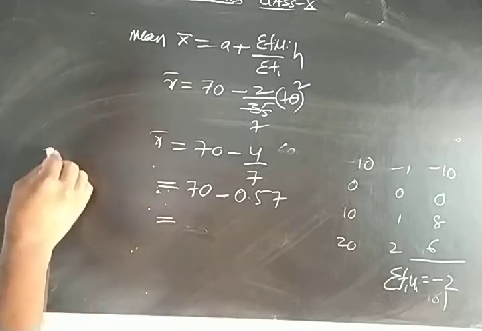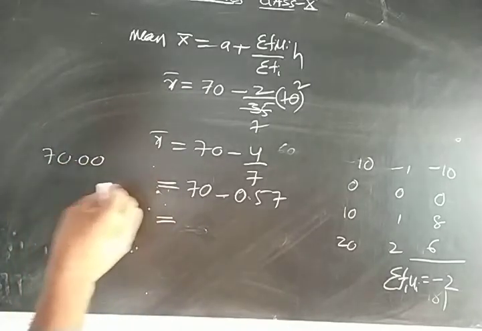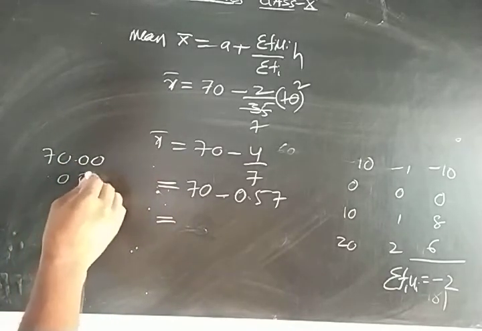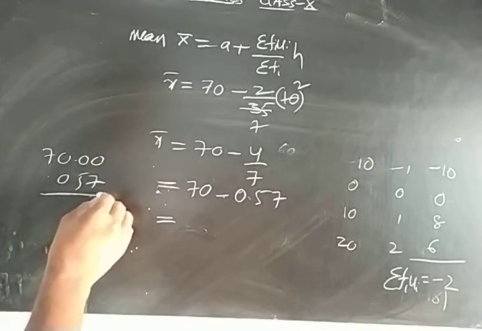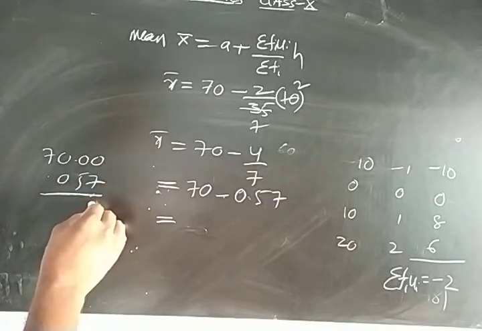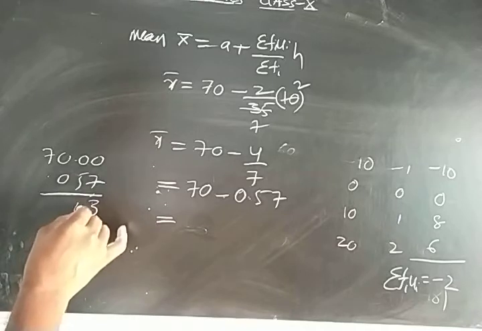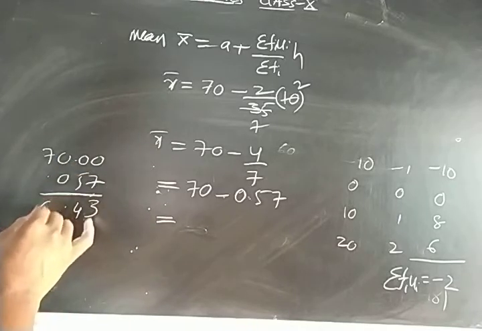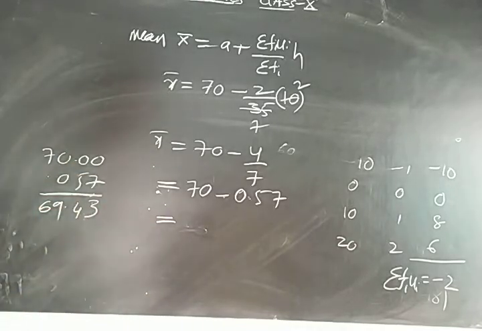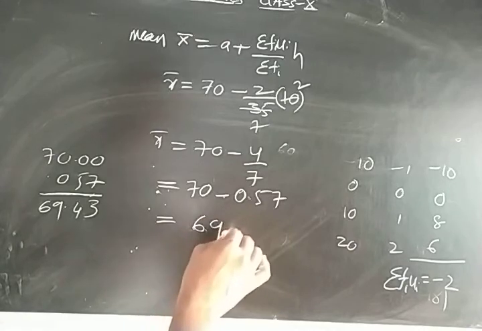So from 70, subtracting 0.57. 10 minus 7 is 3, 9 minus 5 is 4, and 9, so 69.43.